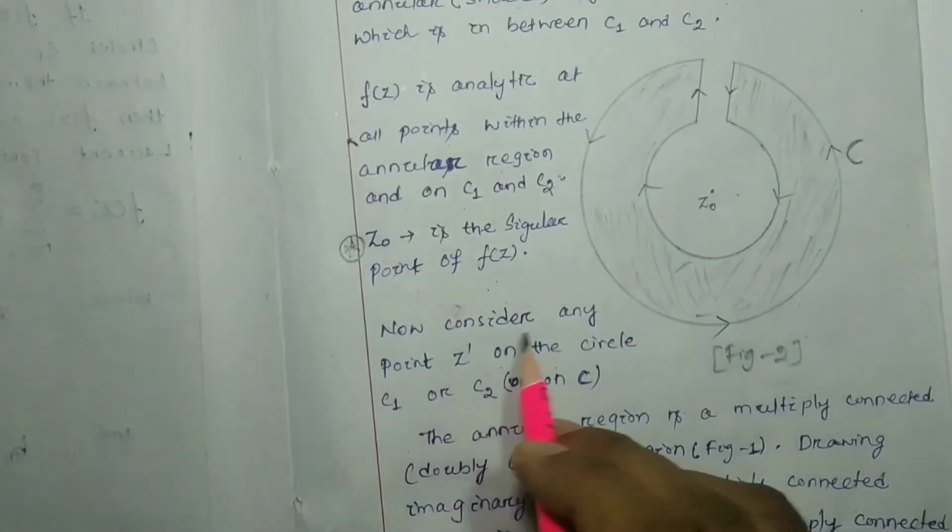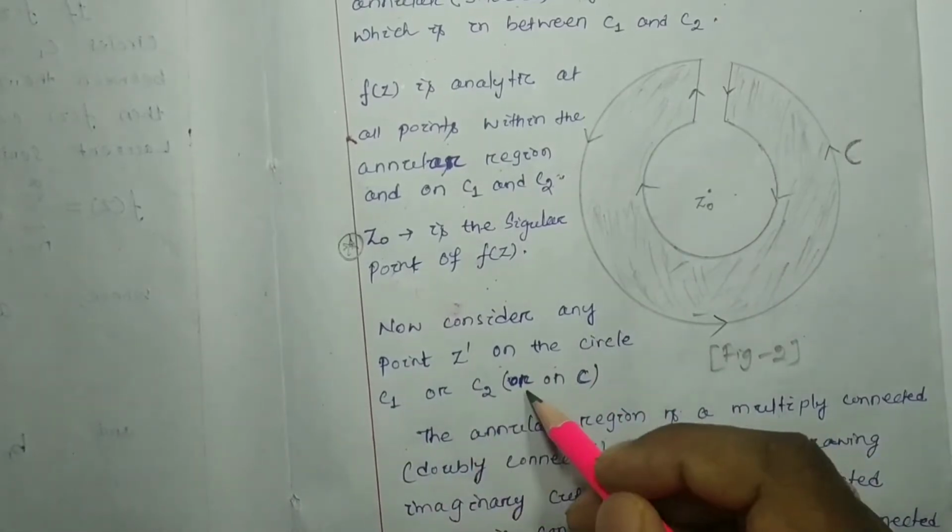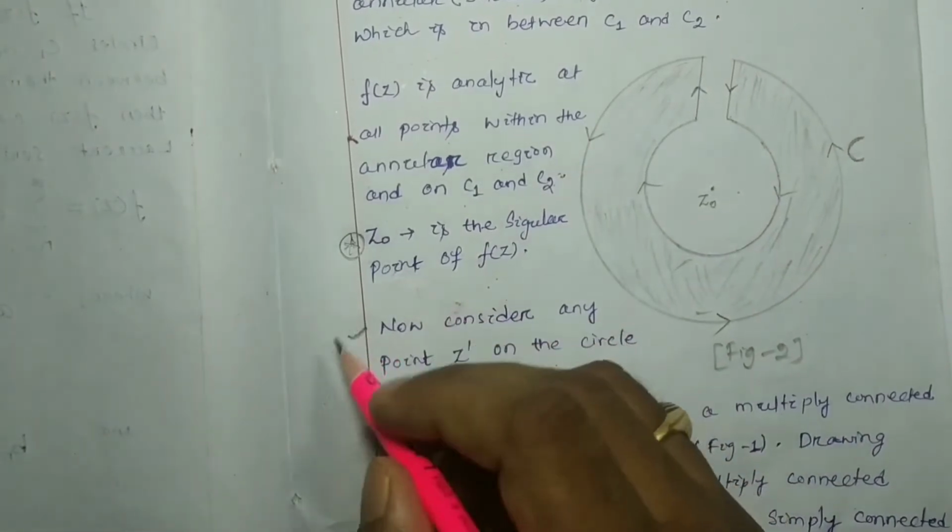Now consider any point Z dash on the circle C1 or C2. Carefully watch from here.